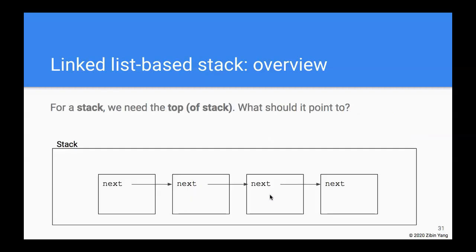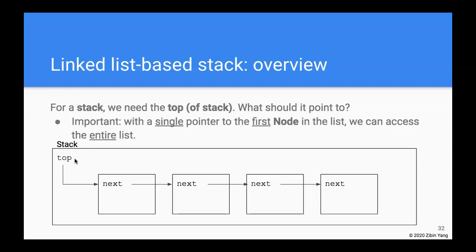So with a stack, if you remember, one of the most important attributes is where the top of the stack is, right? Because that's where all the push and pop operations are. So top of the stack, where should it point to? Well, in a linked list, there's an obvious candidate, right? How about just the very first node?